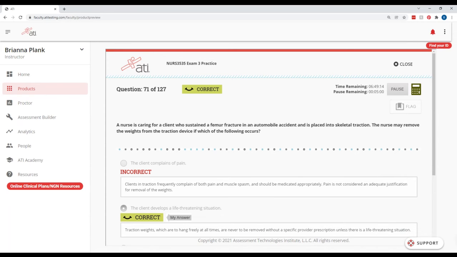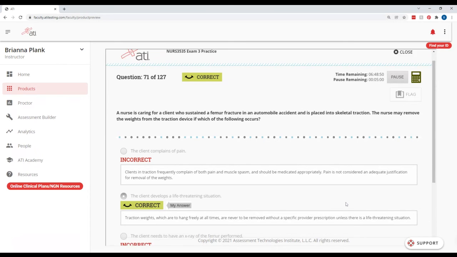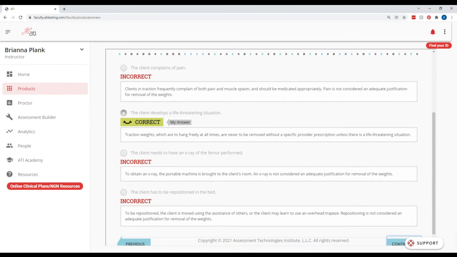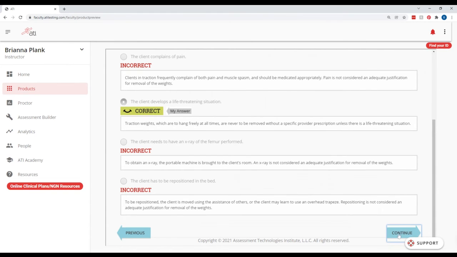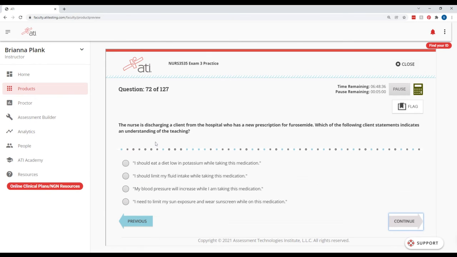When we take the traction off, we're possibly displacing that fracture and we're undoing the pain control and the muscle spasm control. So unless it's an absolute emergency, we don't want to take it off. But if they're dying, if they're coding, and we need to get our equipment in there and work on them, then that's going to be second priority. But that would really be the only reason. And really, when we're doing an X-ray too, we want to see the alignment of the bone, so we don't want to take the traction off. That would be against our goals.